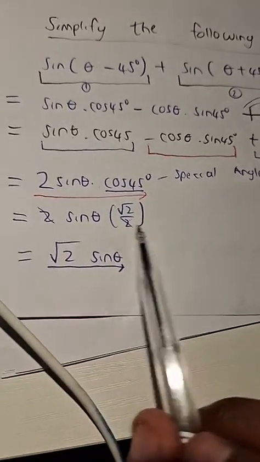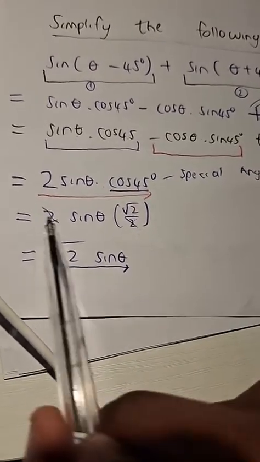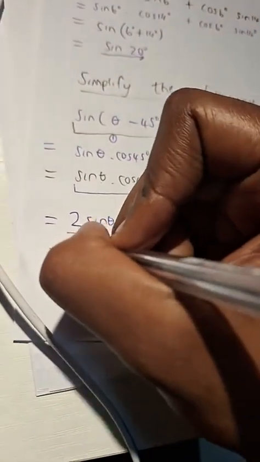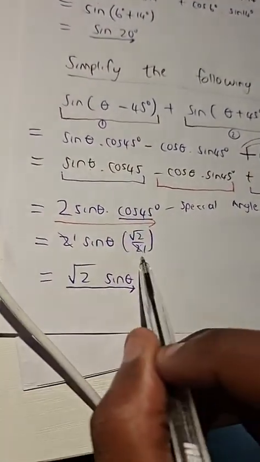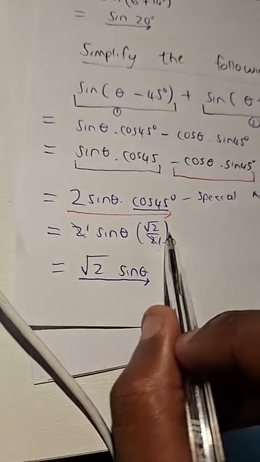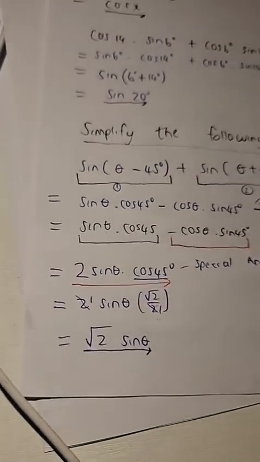This is algebra, guys, simplification of algebra. 2 times root 2 over 2, obviously the 2 and the 2 will cancel. Remember, when the 2 cancel, this is like saying 2 divided by 2, which leaves you with 1. Then the 1 times root 2 gives you root 2 sine theta, and that's our final answer. Nice, straightforward and simple, no problems, no cry at all.